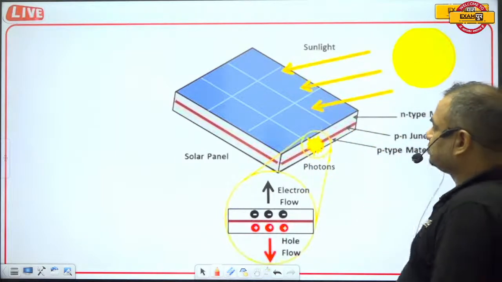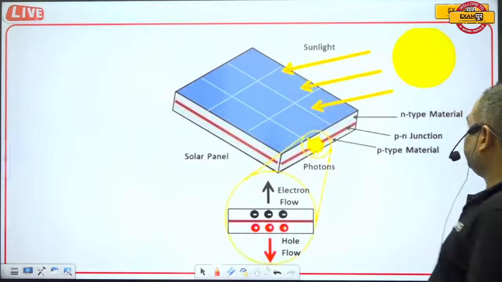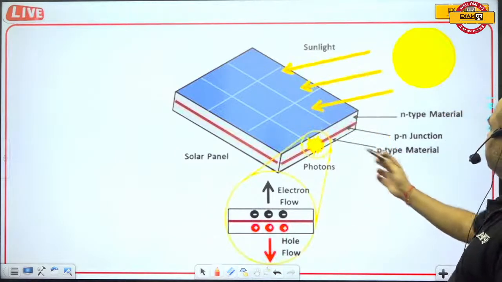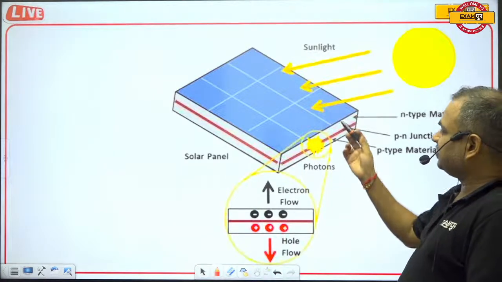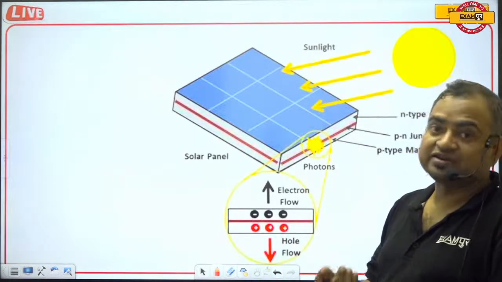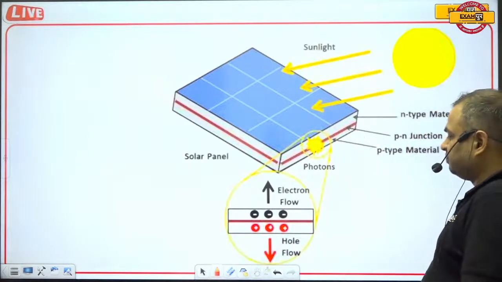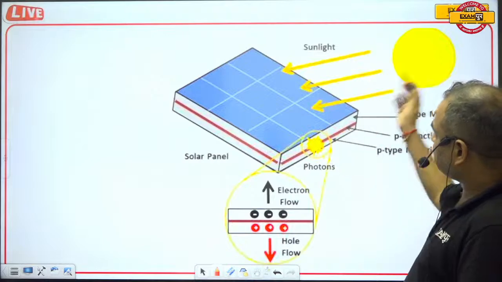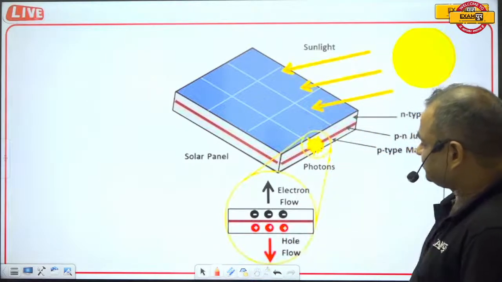Sunlight falls on the solar panel, and these are the semiconductors: n-type material, p-n junction, and this is the p-type material. The p-type and n-type materials are semiconductor crystals of which this solar panel is made.